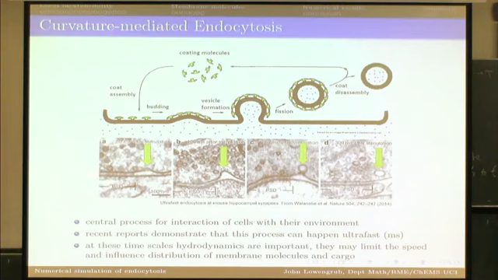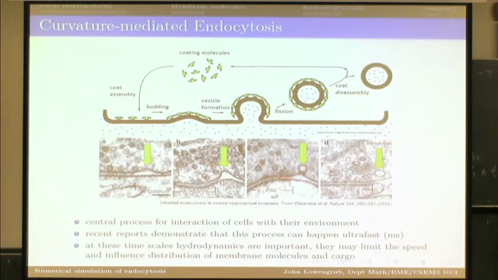Those travel along, and then it leads to endocytosis, which is basically the formation of these buds off the inner membrane here, to eventually form these closed vesicles, which are closed biomembranes. And this occurs very fast, on the order of milliseconds.